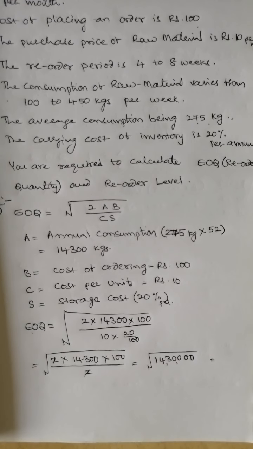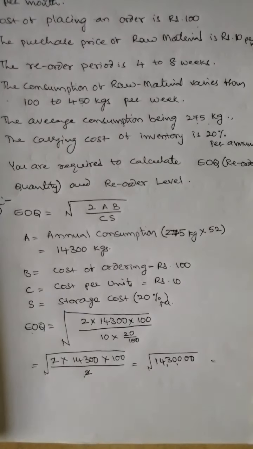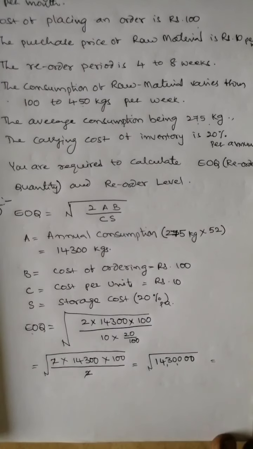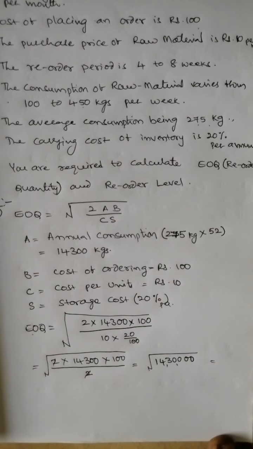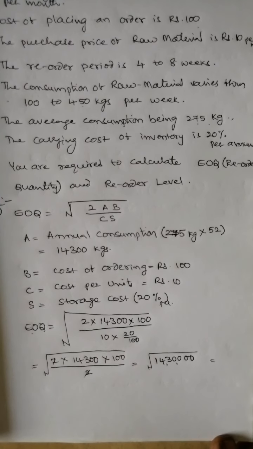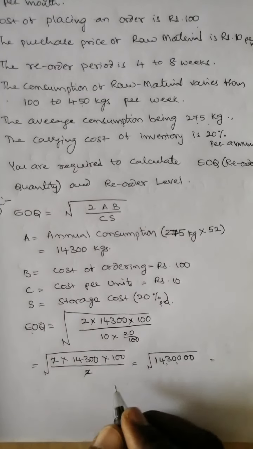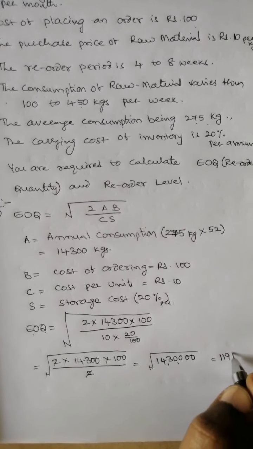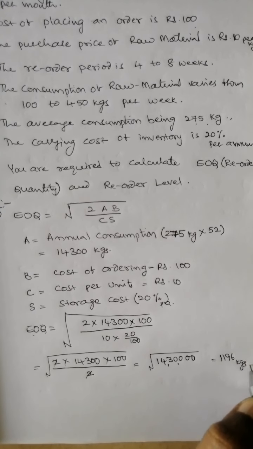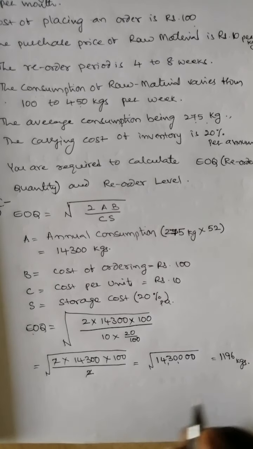So by using the calculator we find out the under root value of 14,30,000, which is equal to 1196 units. 1196 kgs or units approximately.